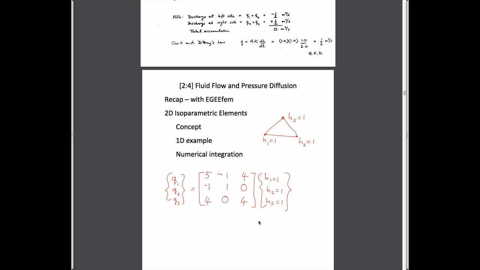So why would it be that these numbers all have to add up to 0? Well, think about the physical system. So you have heads of these equal to 1. What's the magnitude of the gradient in the element?